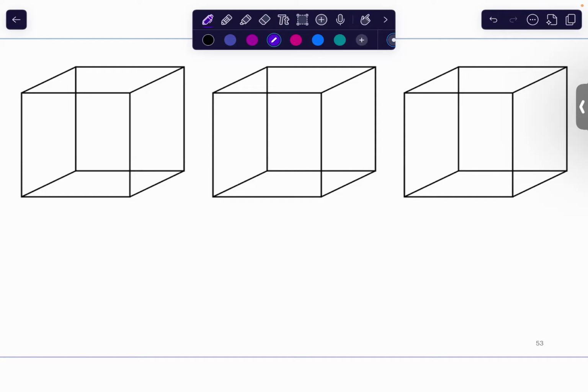I'm missing a whole page. Let's see, we have those.